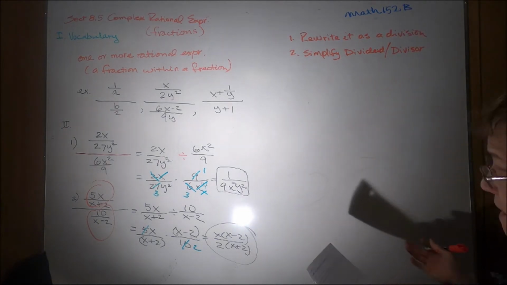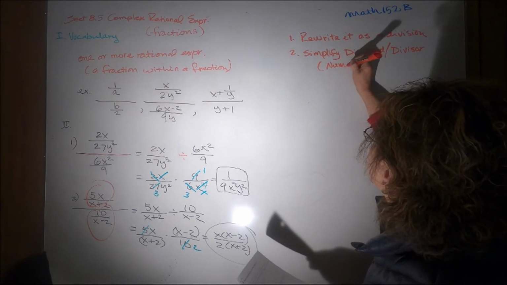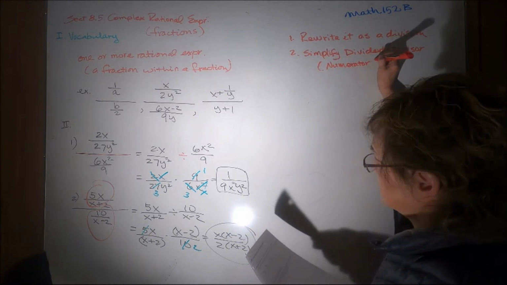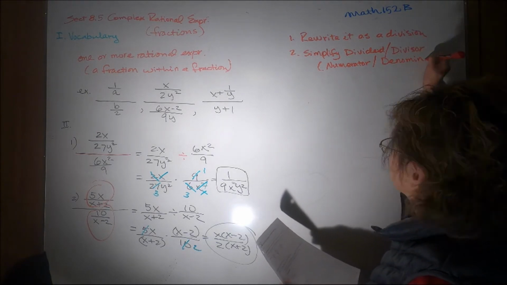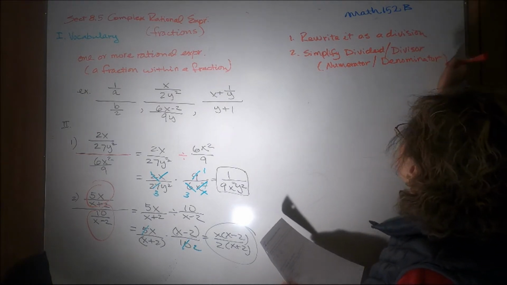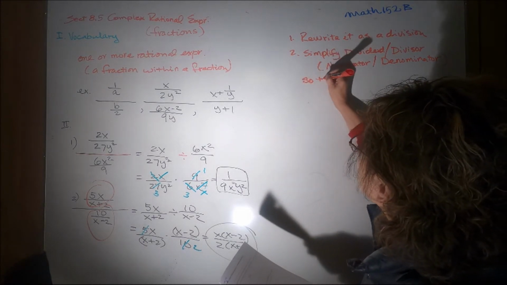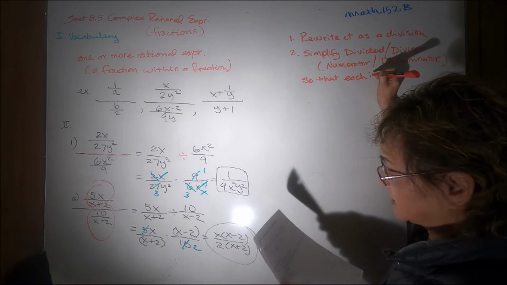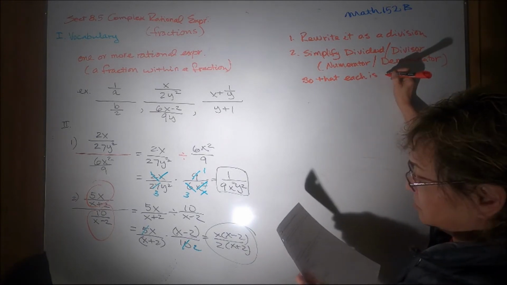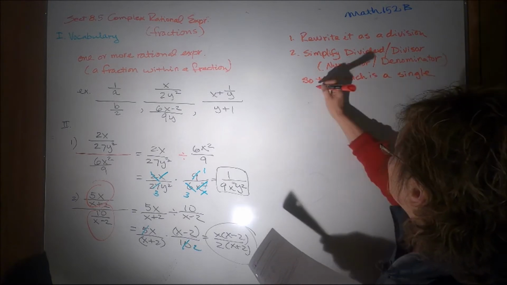That means what? The numerator and the denominator, they are the same thing. The numerator and the denominator, right? So each one of them is as simple as possible. Each is what? A single fraction.